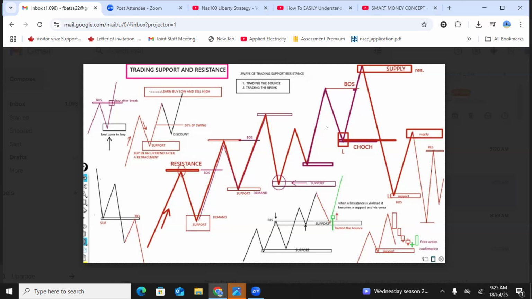Now, when it goes up, it breaks the structure, then comes down to another support over here. But when it goes up again, it doesn't break this structure here. It couldn't go up. So it means there is something going on: the momentum that was gathering and going up and up is now going down.